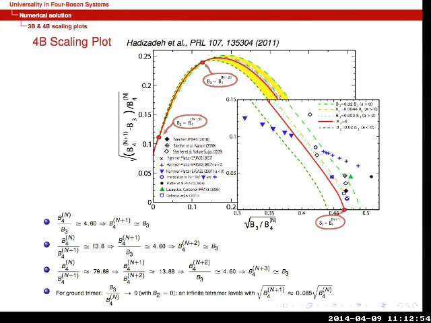Before you continue, you're saying that there's an accumulation point of tetramers at the point where the trimer hits the 3-atom continuum. Is that what you're saying? This is just the result that we have for the unitary limit, B2 equal to 0. I have not yet presented the result for negative scattering length.